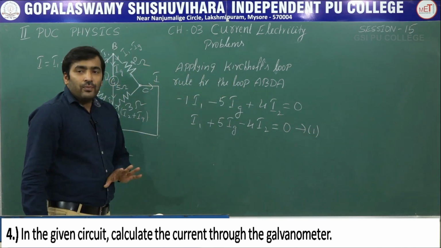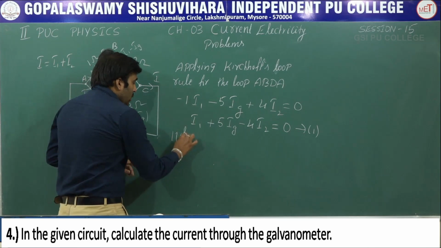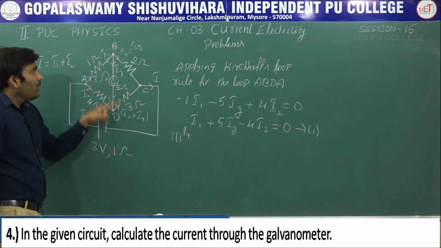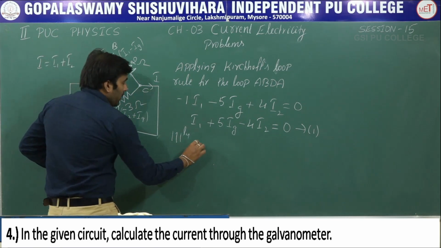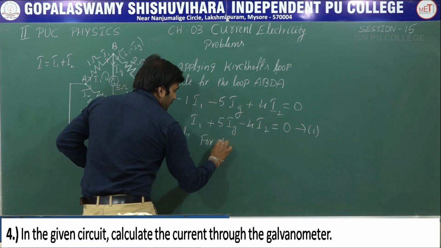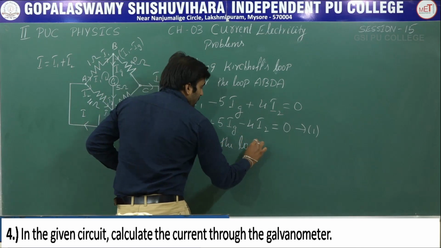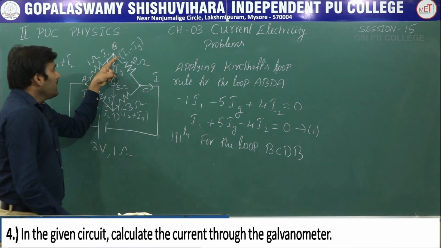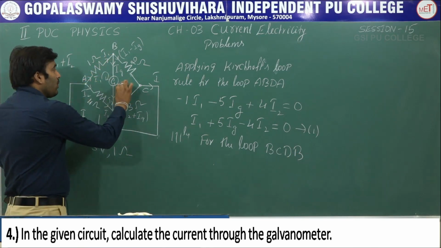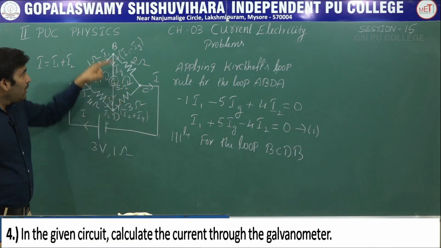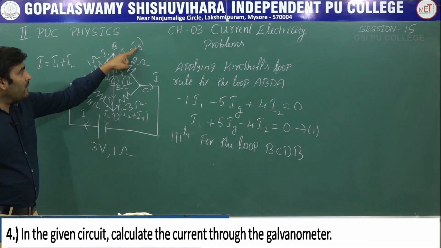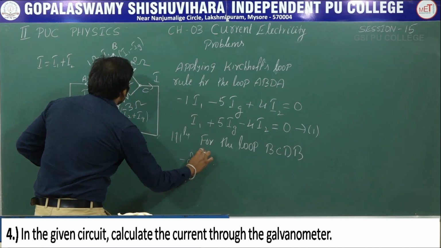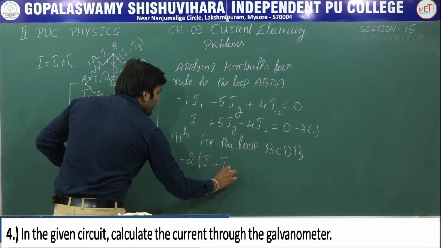Now let us apply Kirchhoff's loop rule similarly for the loop BCDB. We are going in this direction again. From B to C, the current is I1 minus Ig and resistance is 2 ohm. Therefore this will be minus of 2 into I1 minus Ig.